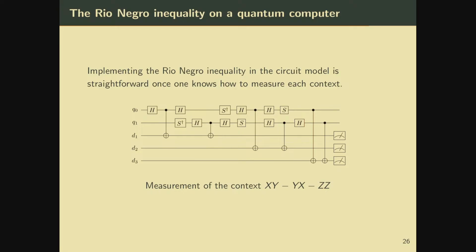And quantum mechanics tells me that because this context is, should I get it right, okay, so this should be plus identity, then the product here should always be positive, or the sum mod 2 should be 0.